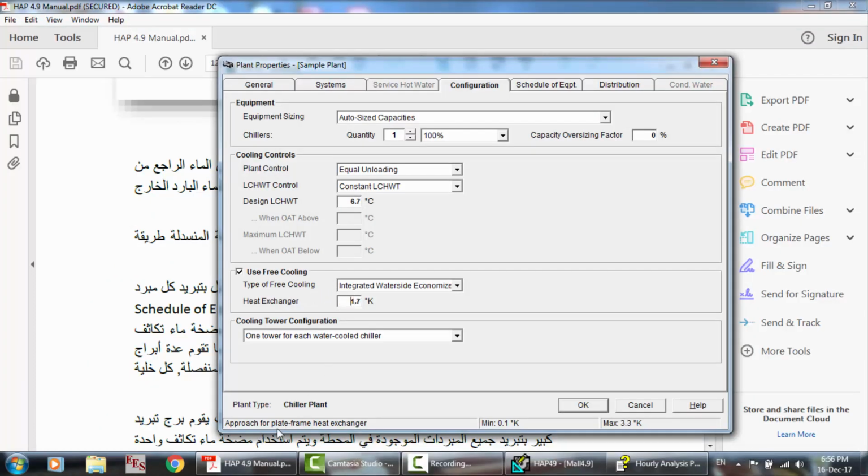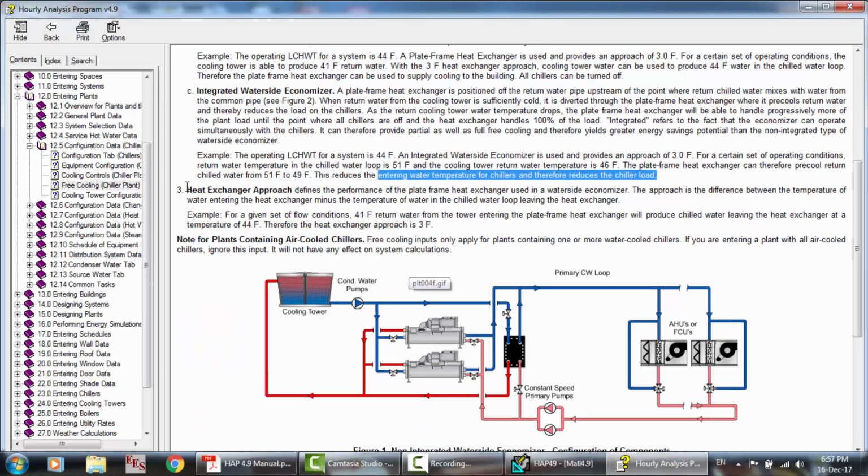The approach for the plate frame heat exchanger defines the performance of the plate frame heat exchanger used in a water side economizer. The approach is the difference between the temperature of the water entering the heat exchanger minus the temperature of water in the chilled water loop leaving the heat exchanger.